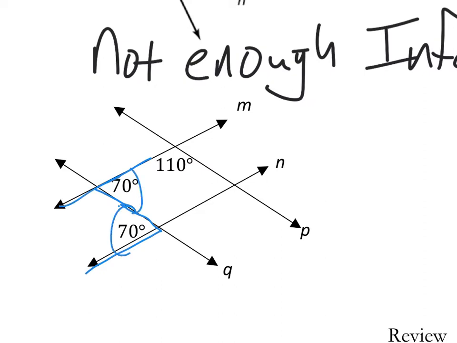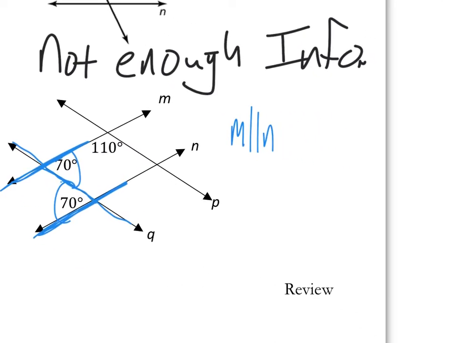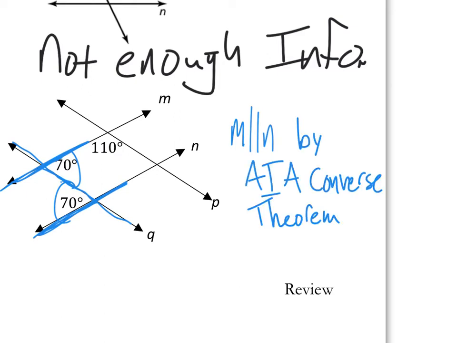Well, they're inside these two lines right here, and they're on alternate sides of this transversal. So they're alternate interior angles for lines M and N. So M has to be parallel to N, and our reason here is alternate interior angle converse. So the alternate interior angle converse theorem tells us that those two lines are parallel.